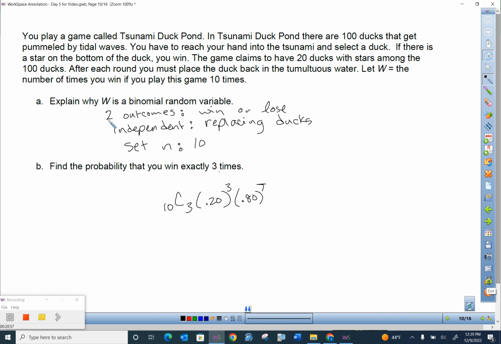Next one here. Again, these 3 requirements, 2 outcomes, win or lose. Independent happened because we were replacing the ducks between games. Our trials in this case were each game being played.